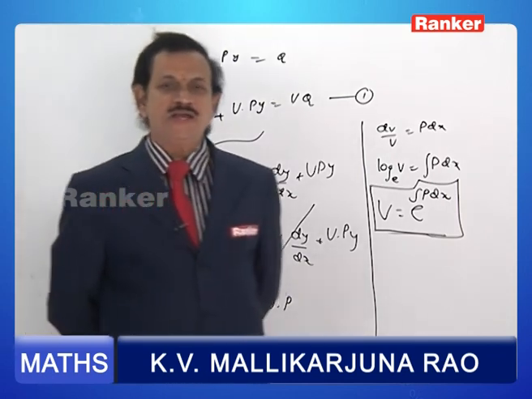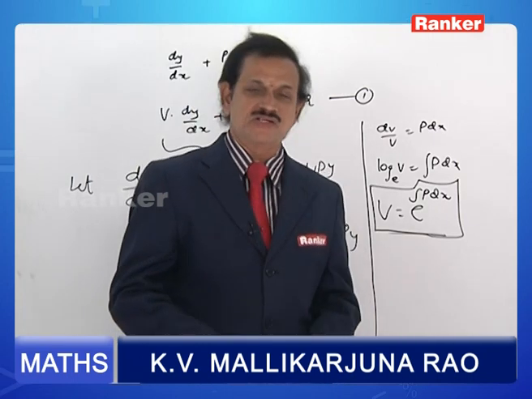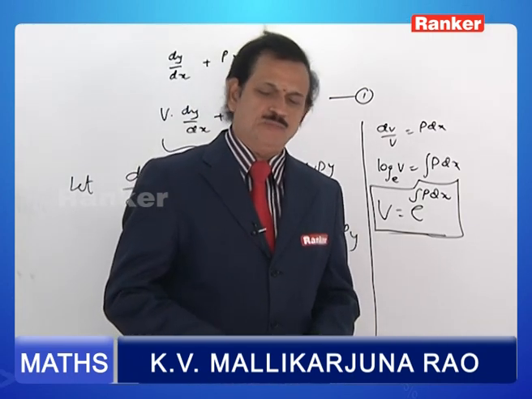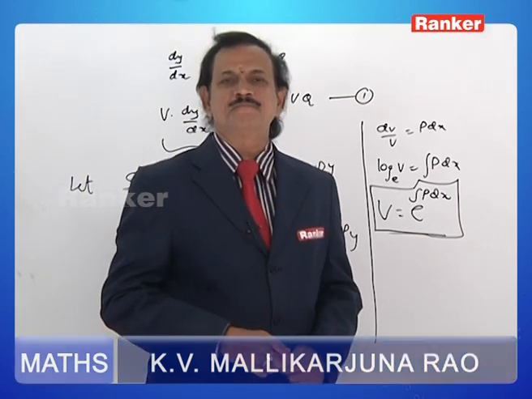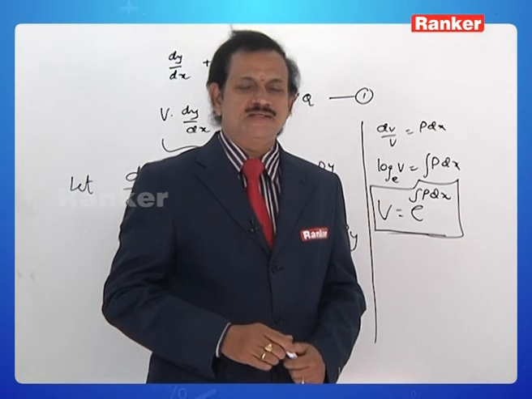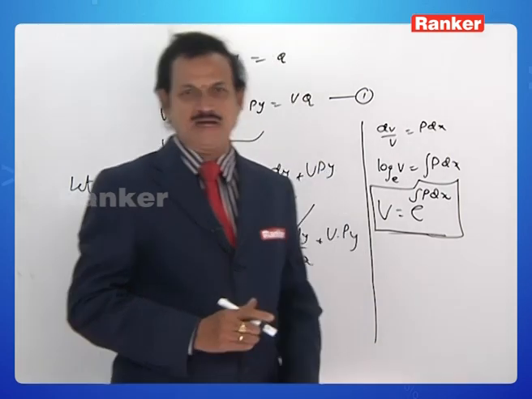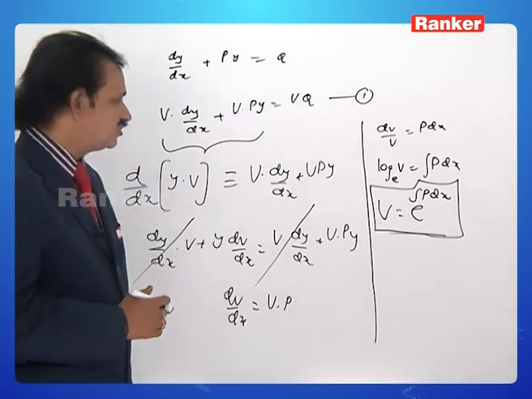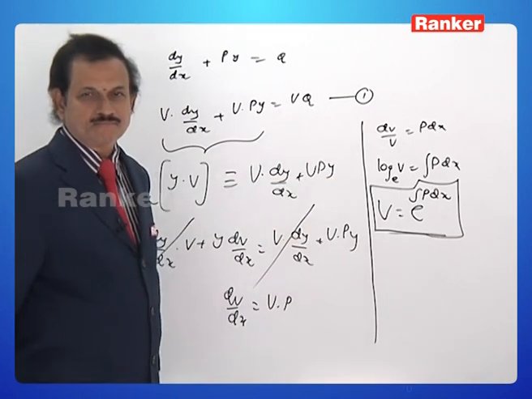So, when you look at a given equation in the standard form dy by dx plus py is equal to q, then and there itself you declare that that is linear in y, and the necessary integrating factor which helps us to look at the given equation as exact is v is equal to e power integral p dx.